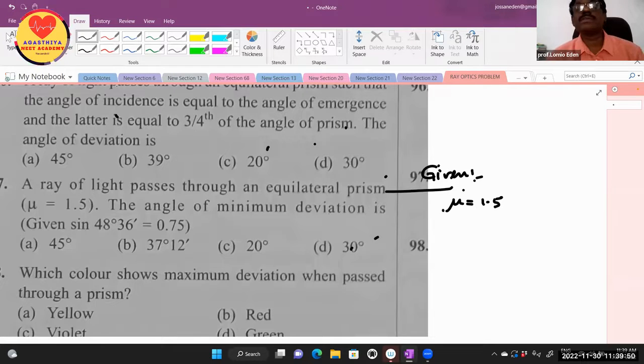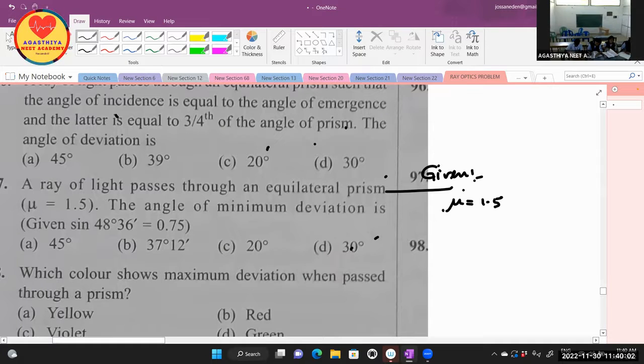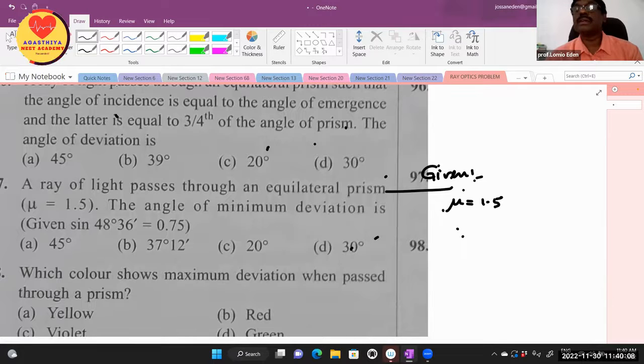The ray of light passes through the equilateral prism. The angle of minimum deviation is given by. How to find out this angle of minimum deviation? Delta m is the angle of minimum deviation.